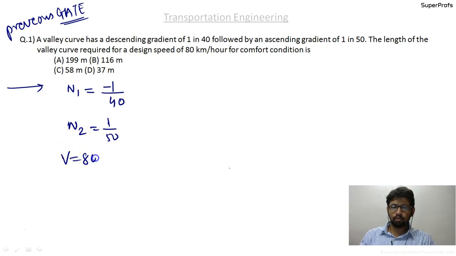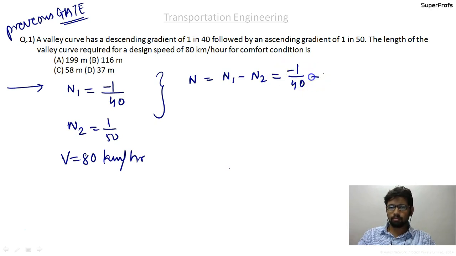Capital V is equal to 80 kilometers per hour. So the deflection angle N will be given as N1 minus N2, that is equal to minus 1 by 40 minus 1 by 50, and the answer comes out to be, please calculate and tell me.